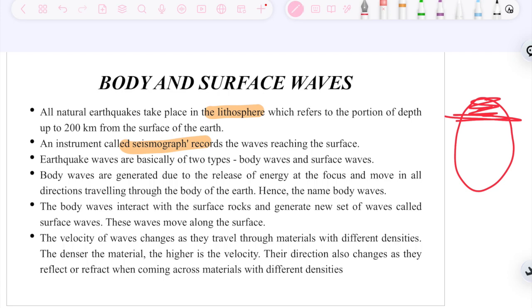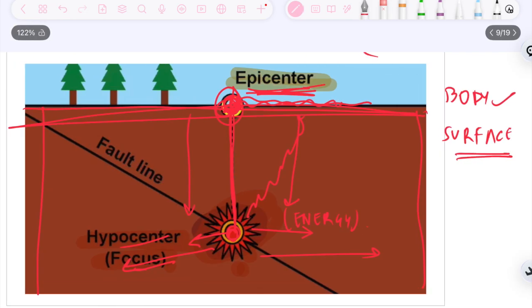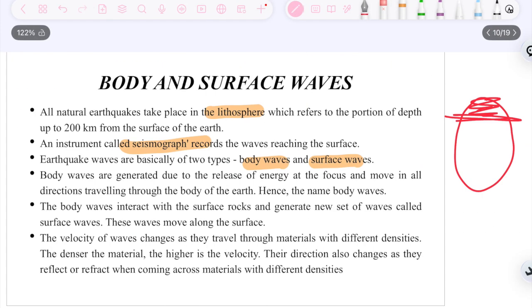Earthquake waves are basically of two types, that is body waves and surface waves. I've already told you that body wave is inside the Earth and surface wave is when it reaches outside. So body waves are generated due to release of energy at focus and move in all directions traveling through the body of Earth, hence the name body waves. The body waves interact with surface rocks and generate a new set of waves called the surface wave.